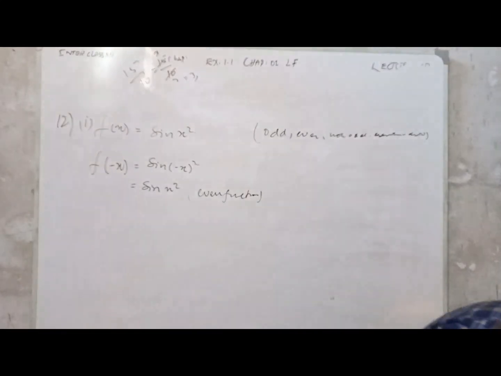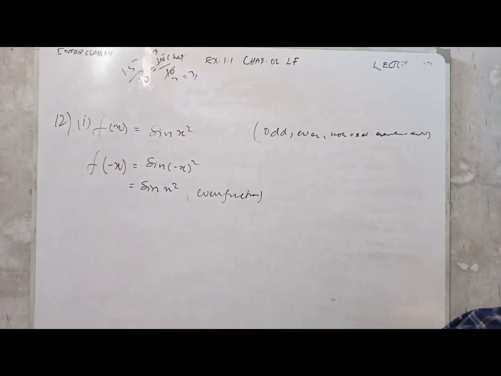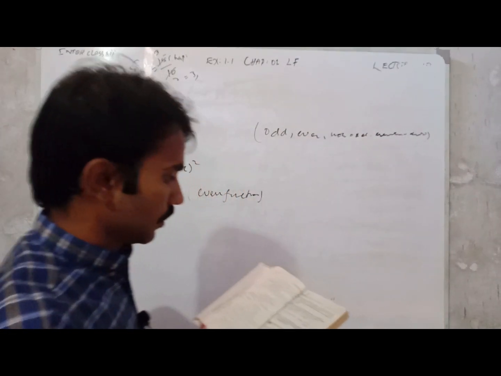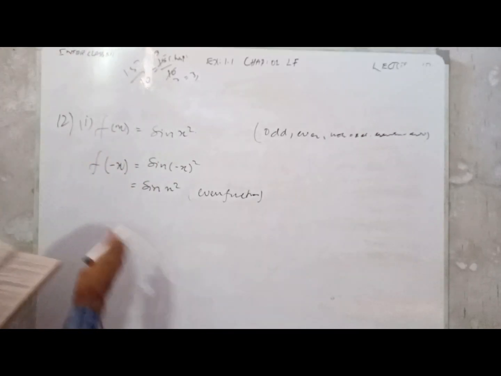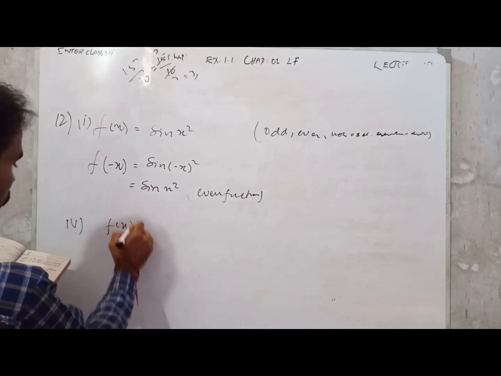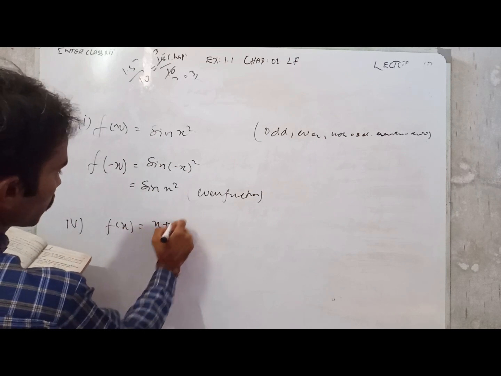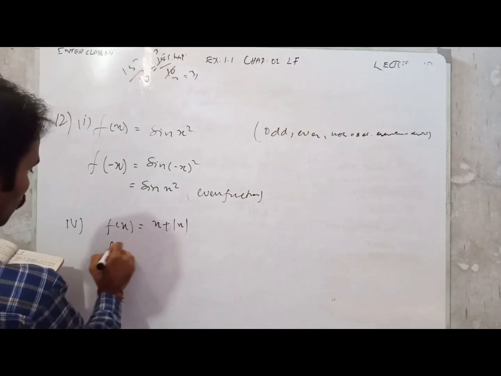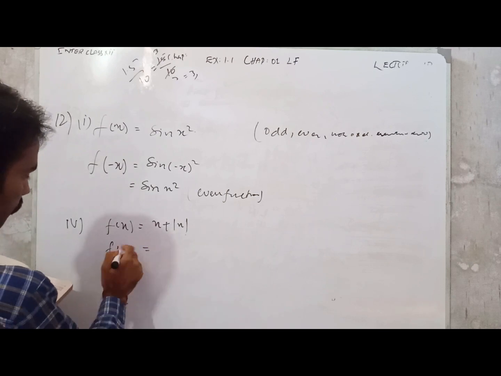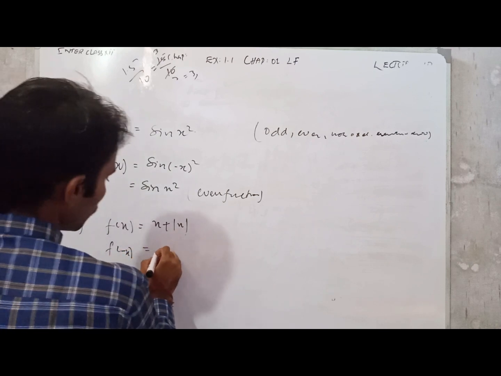You will solve question number 2 and question number 3, and I will solve question number 4. F of x is equal to x plus x. So for f of minus x, we just put the minus sign in place of x.